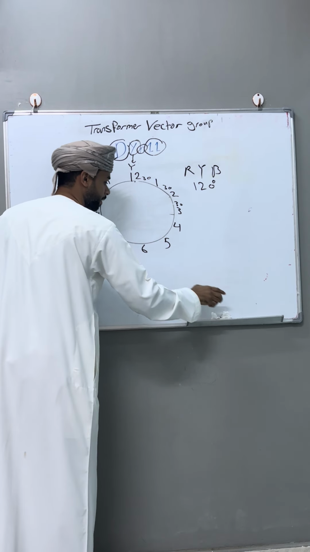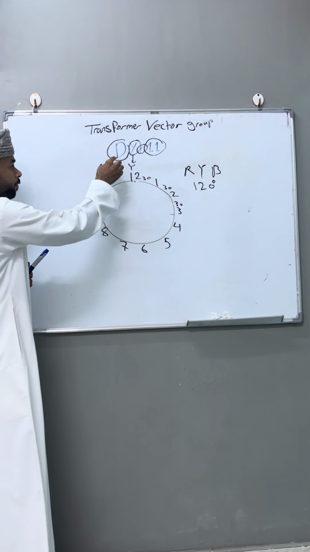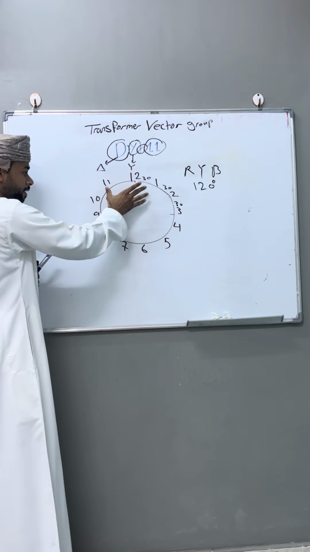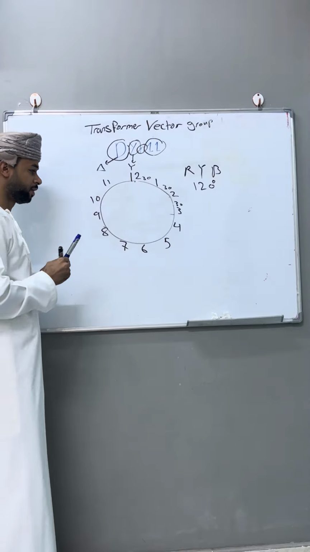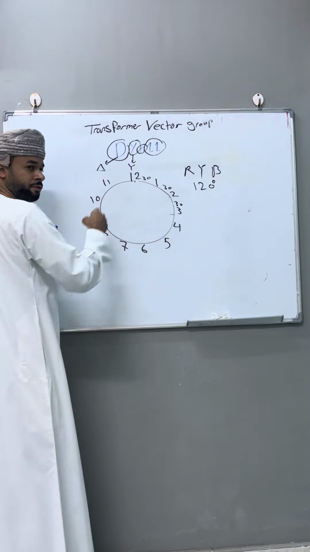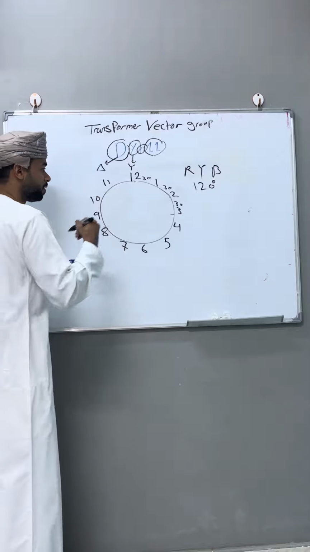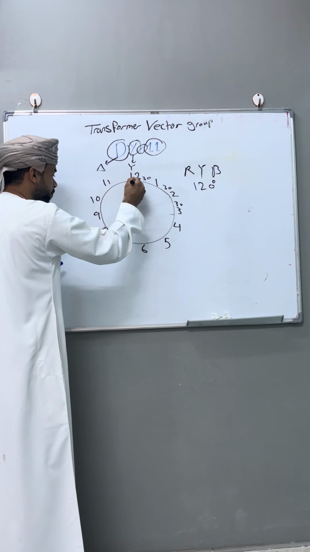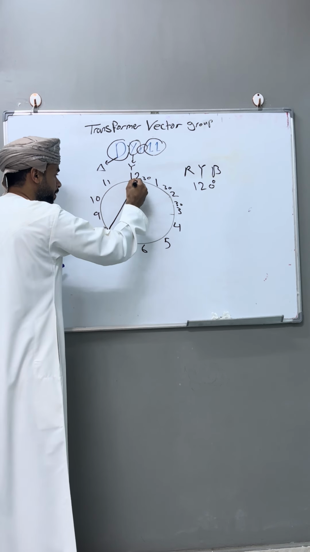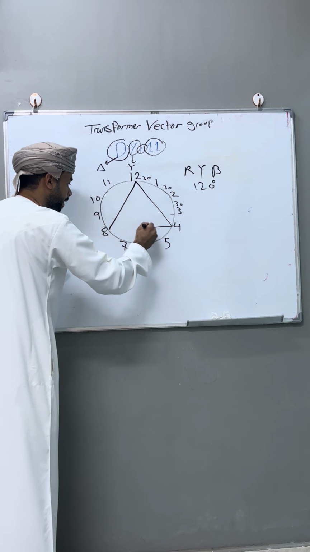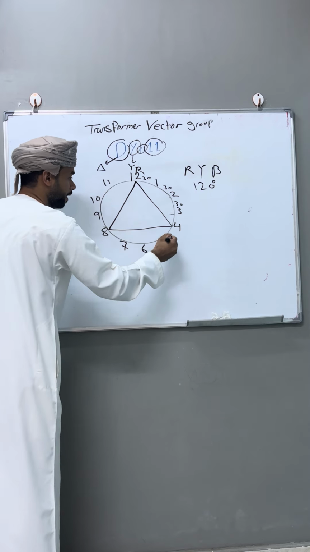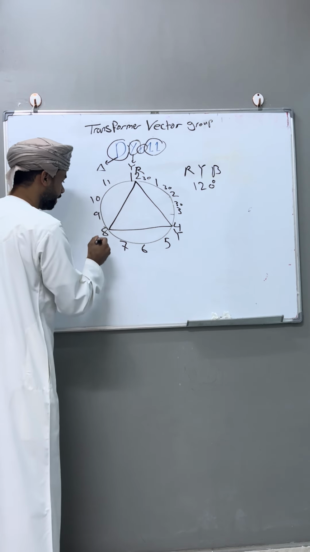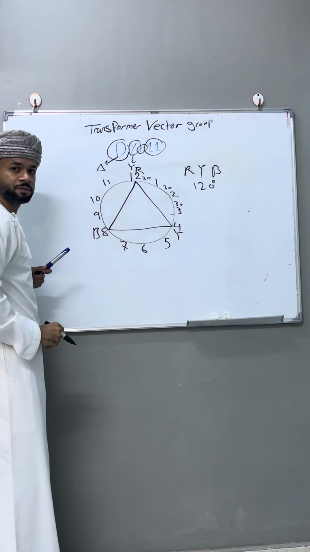Again, now I want to draw the delta connection on this clock with a phase angle of 120 degrees. I will take the 12 on the clock as a reference. So from 12 to 8 to 4, like this one, is the delta connection. This is R capital, this Y capital here, and this B capital here.